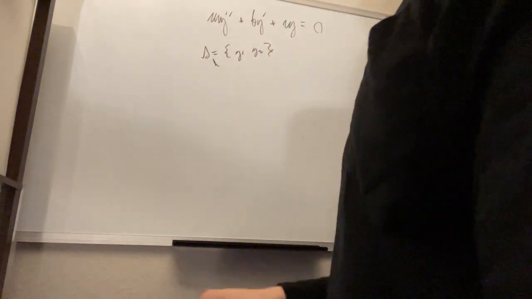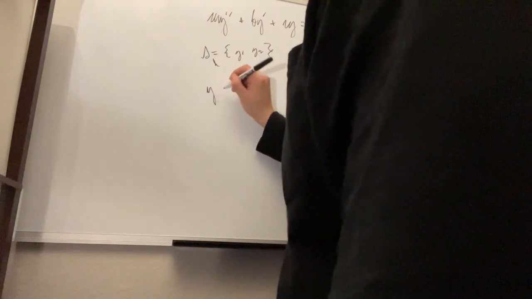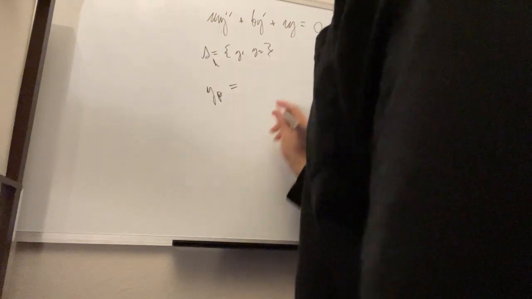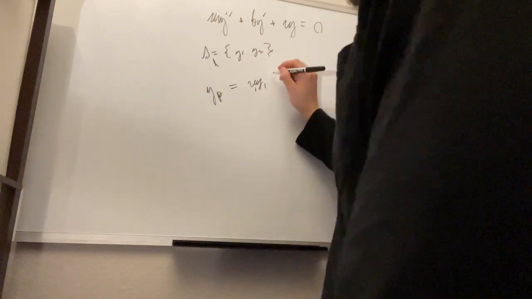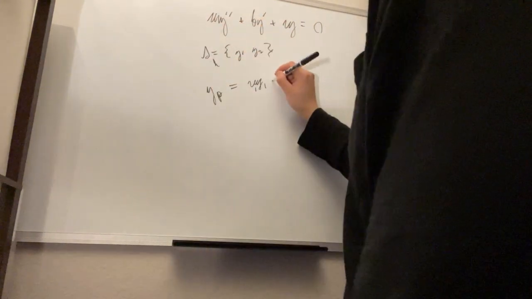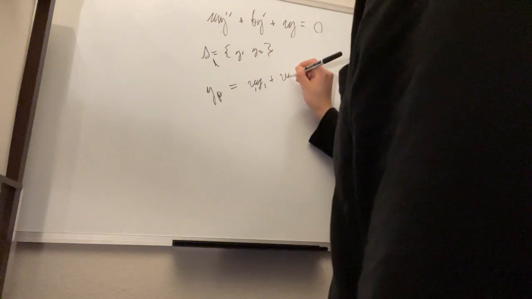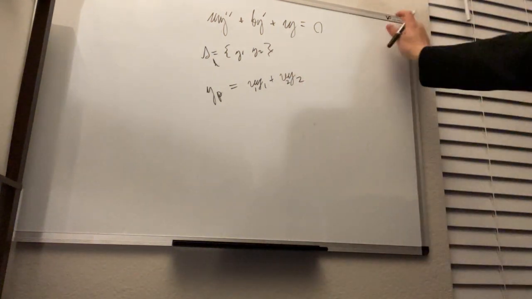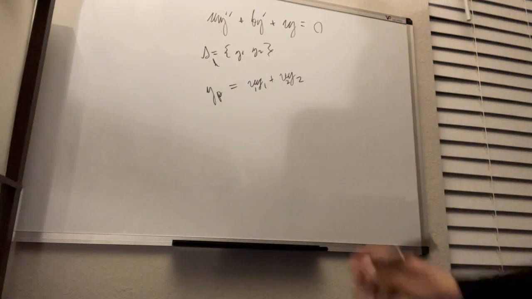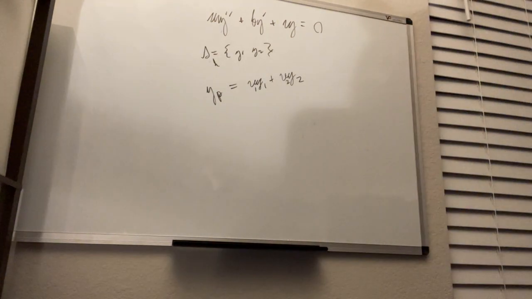Then our particular solution is going to be of the form v1 times y1 plus v2 times y2. This is going to be our particular solution. Then we differentiate this 2 times and plug back into the equation.